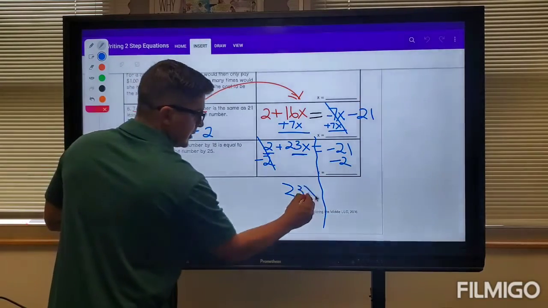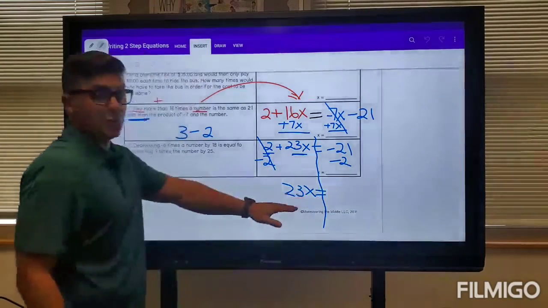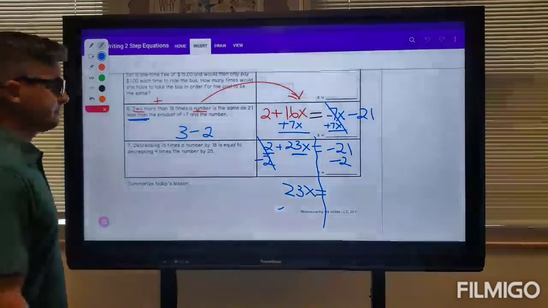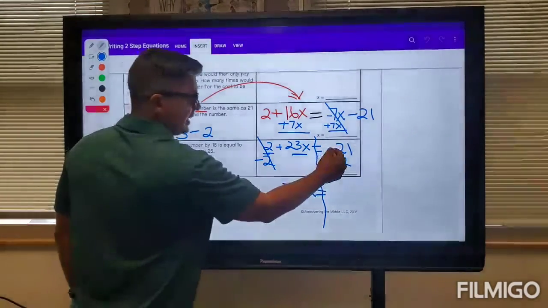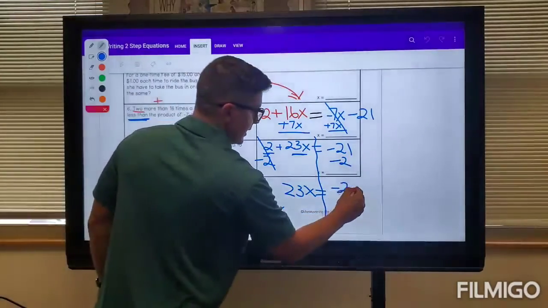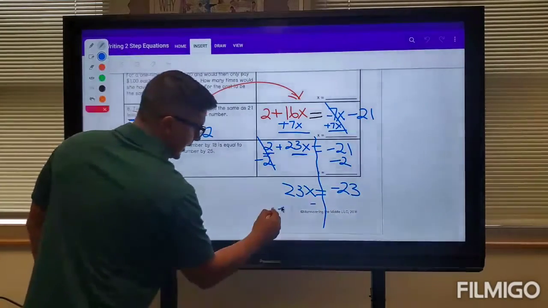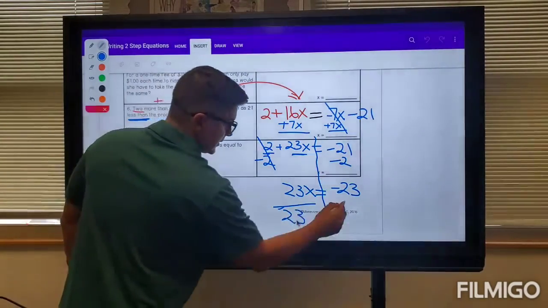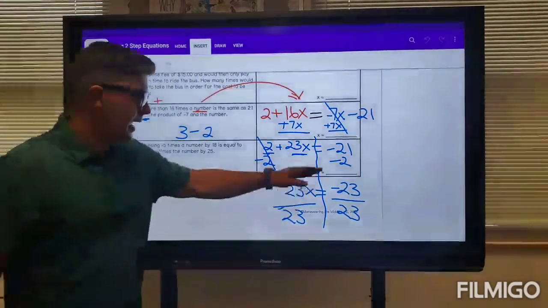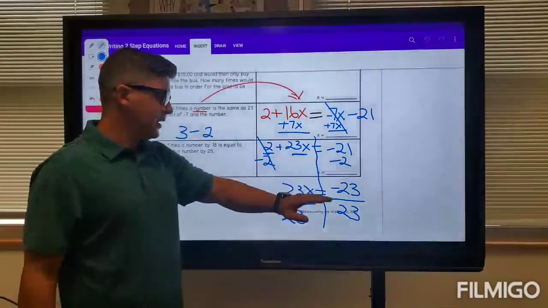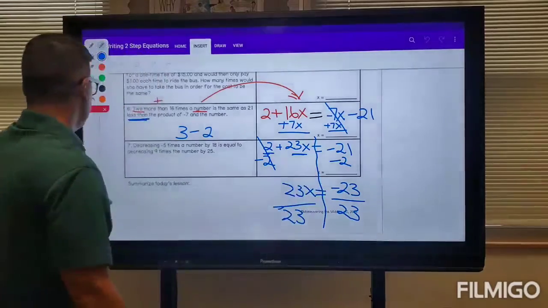I only have variables, and what do I have for variables? I have 23 x's, okay? 23 times x. And I have a -21 minus a 2, which is a -23. And for my final step, I'll divide both sides by 23. -23 divided by +23 would be -1.